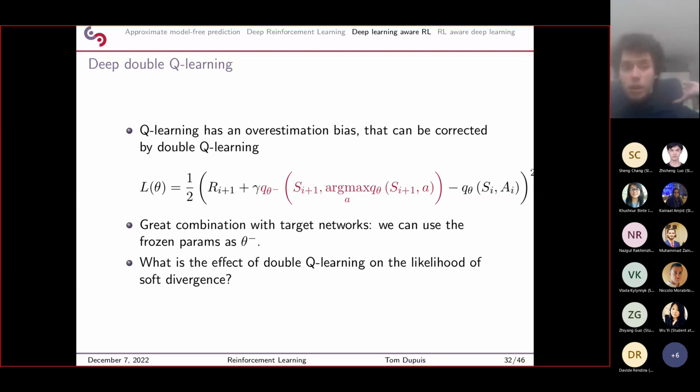We can also implement ideas we saw last time, double Q-learning. We can do deep double Q-learning in order to fix the infamous overestimation bias we saw last time.